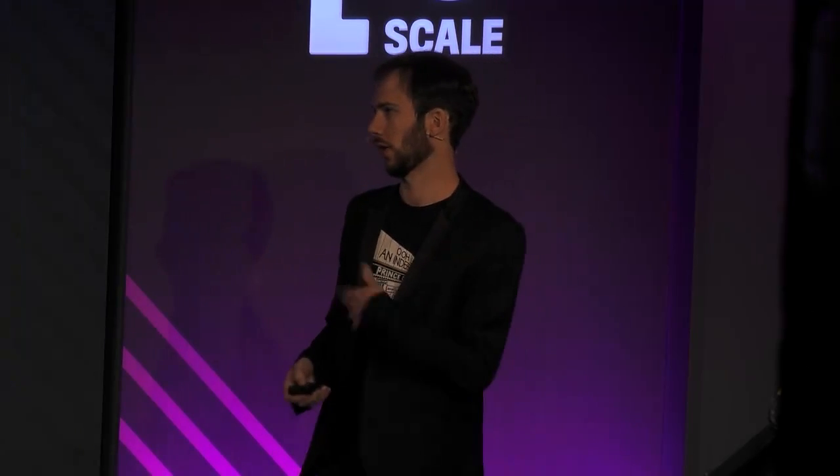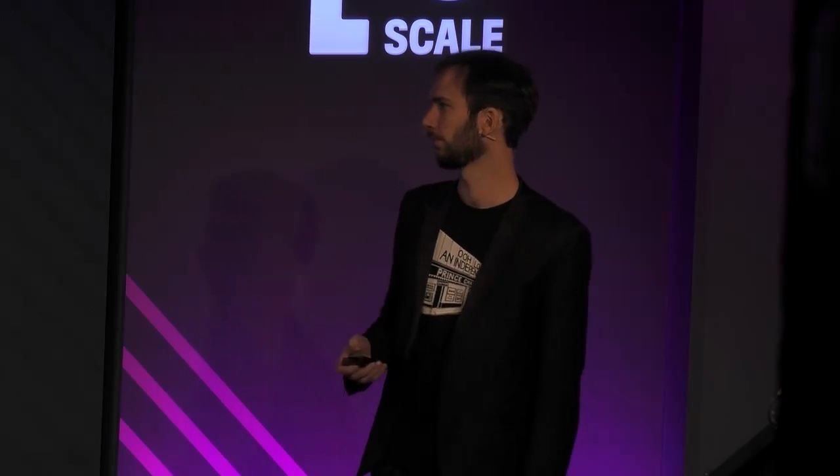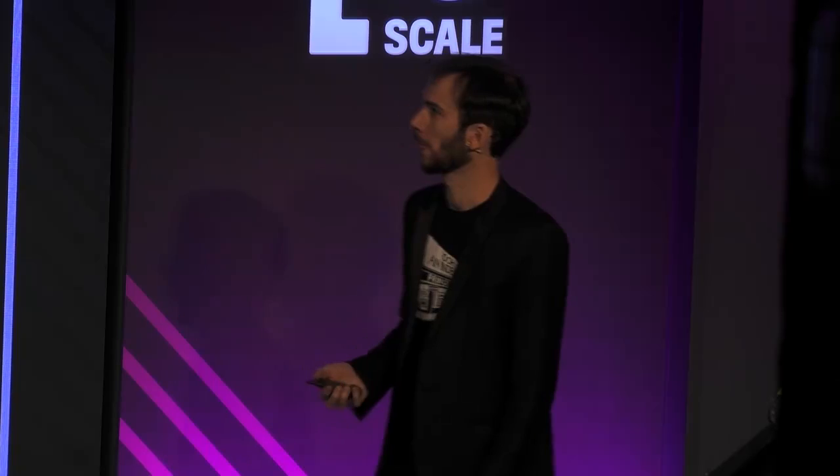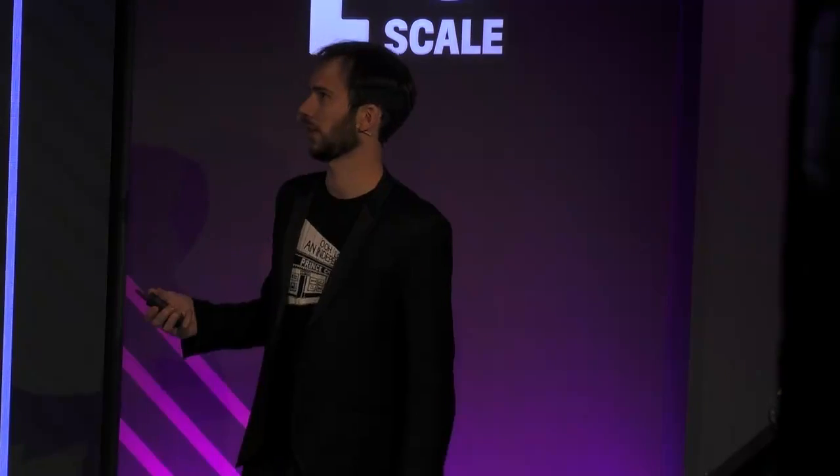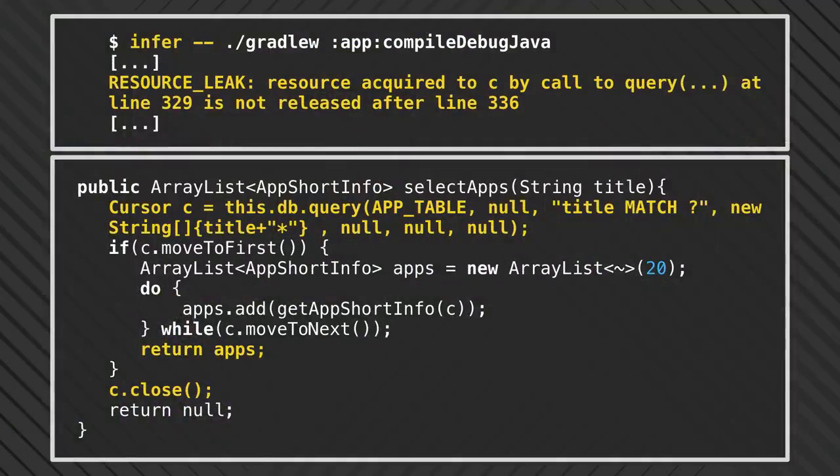So let's look at one of the resource leaks it found. The error message for that one is that there's some resource acquired by a call to the database at some line, and this resource is never released after some other line.